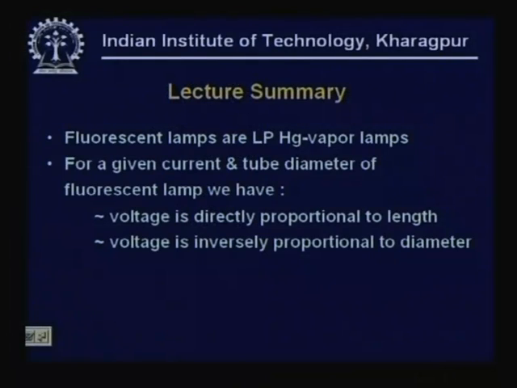Now, one needs long lengths essentially because the radiation maximum is not at the ends of the electrodes, but a few diameters away from the electrodes, 6 to 7 diameters. It is inversely proportional to the diameter.